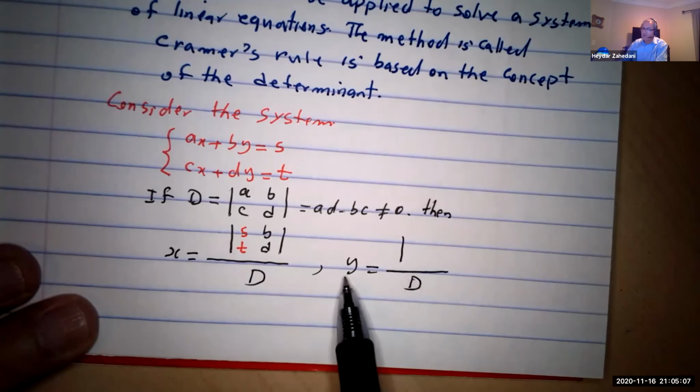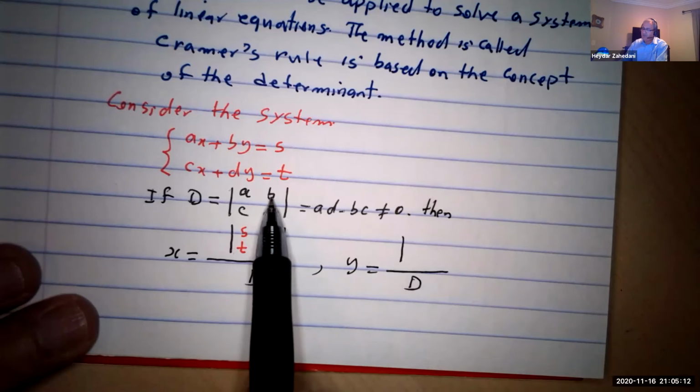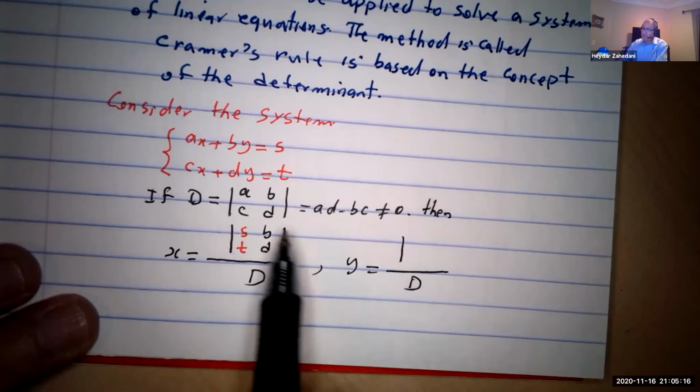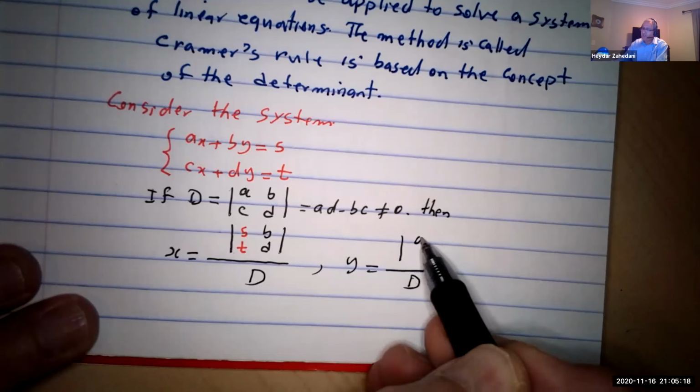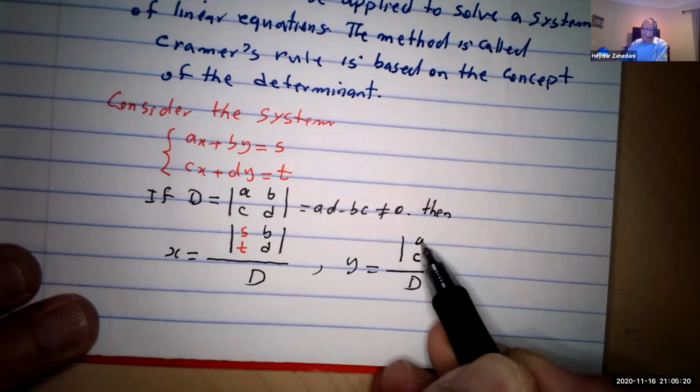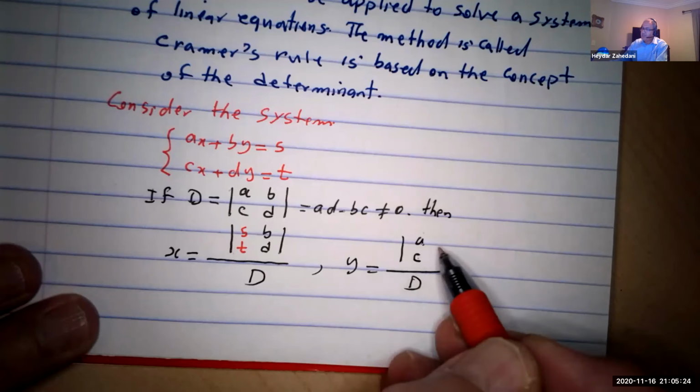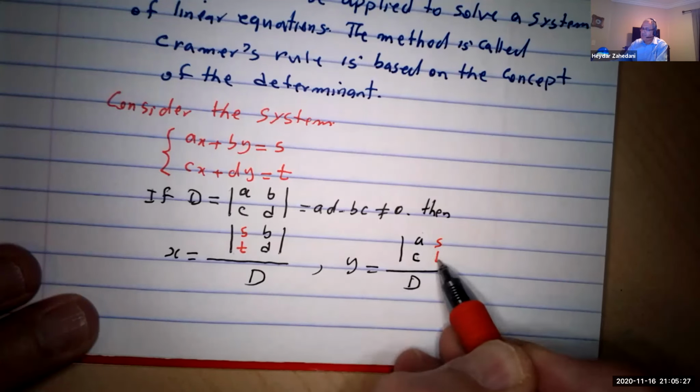This is y, the second variable. So what we do is replace the coefficients of y by the constant terms S and T. So the first column would be A, C, but the second column is going to be S, T.